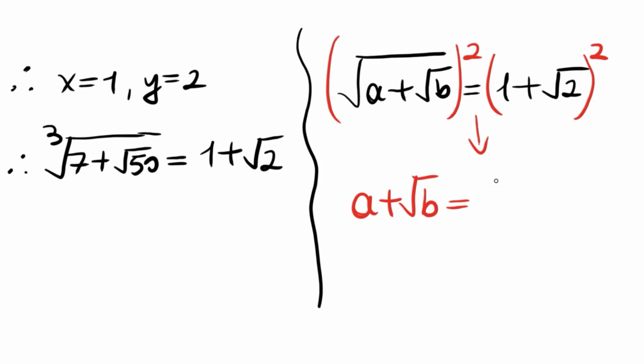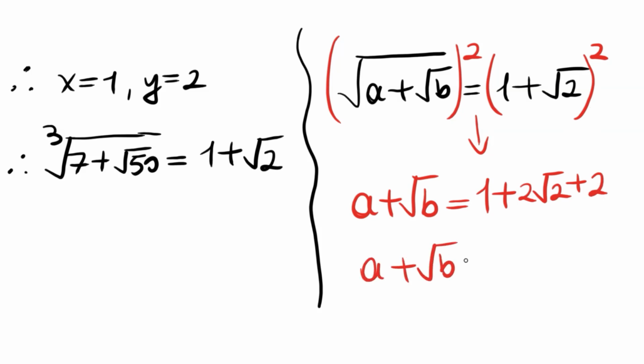Here we will have 1 squared, which is 1. The multiplication of 2 times 2 again. This is 2 root 2. And root 2 squared is equal to 2. So we have a plus root b is equal to 3 plus 2 root 2.